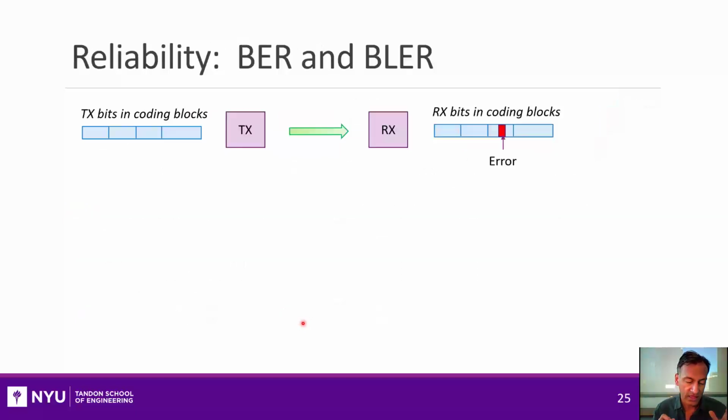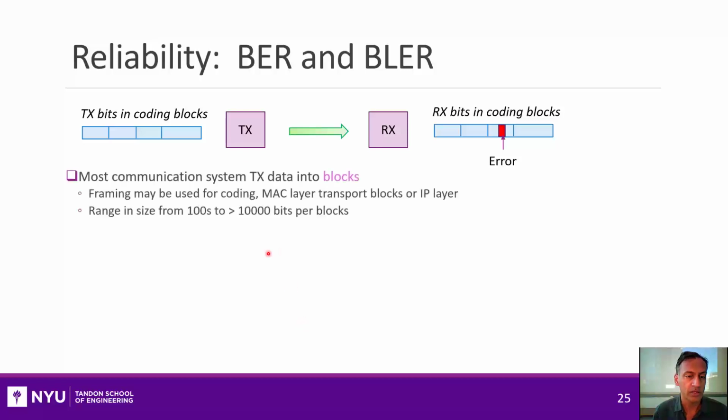Now that we understand information rate, let's go on to the next key requirement, which is reliability. So typically for reliability, we think of most communication systems as transmitting data in blocks, which are related to the block length. And those numbers can range between the hundreds up to tens of thousands.